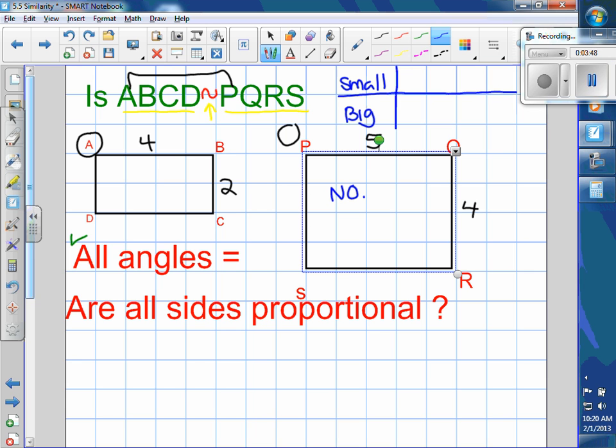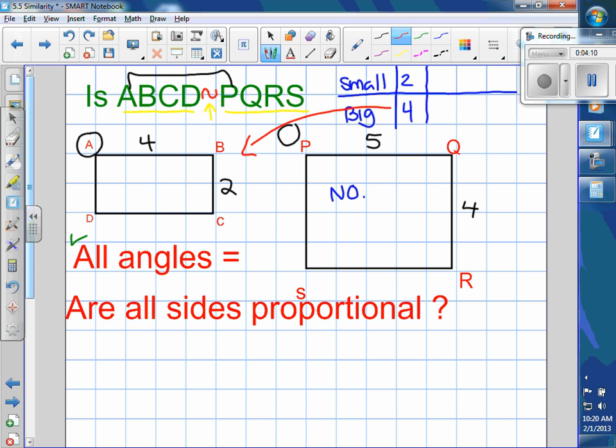Okay, so one way is to look at how to get from one to the other. The small short side is 2, and the big short side is 4. That's in this first figure here, right?